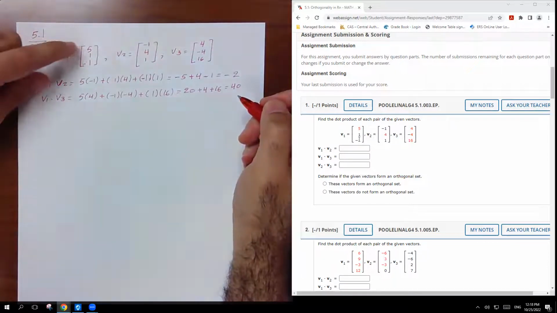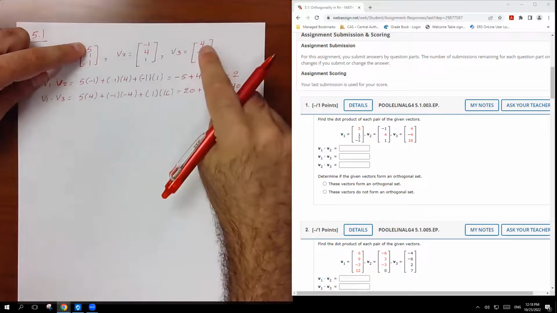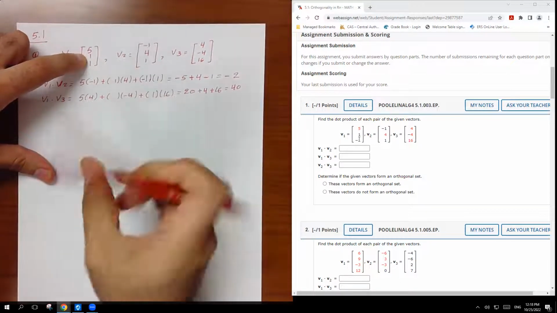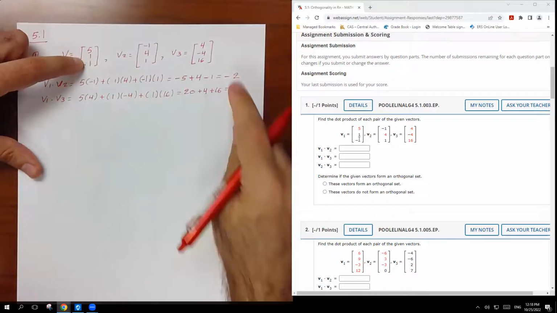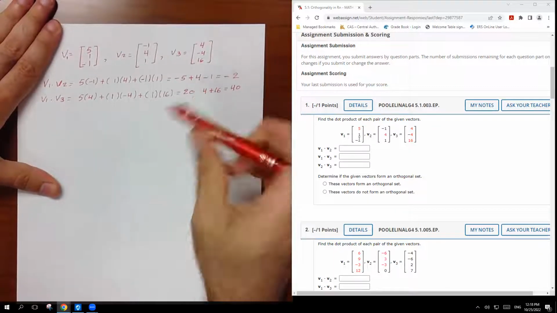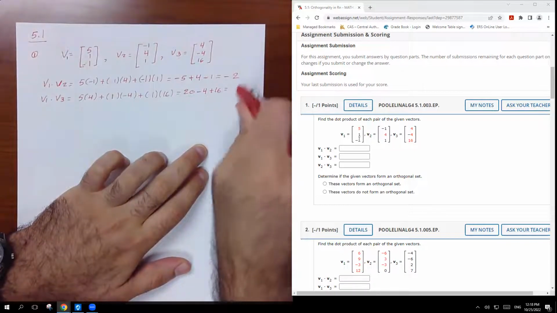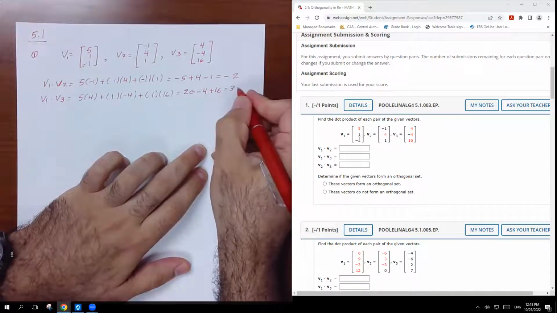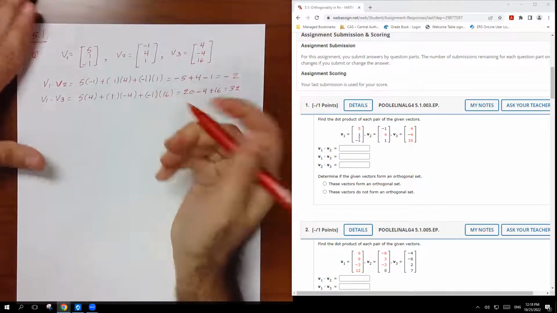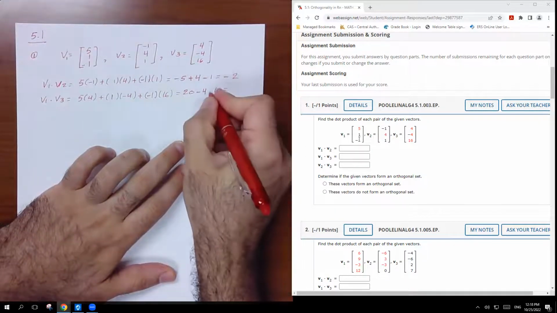And with the second one, with the vector 4, -4, 16, it's going to be 5 times 4, 1 times -4, and -1 times 16. So it's going to be 20 minus 4, which is 16, minus 16, and it's going to be 0.